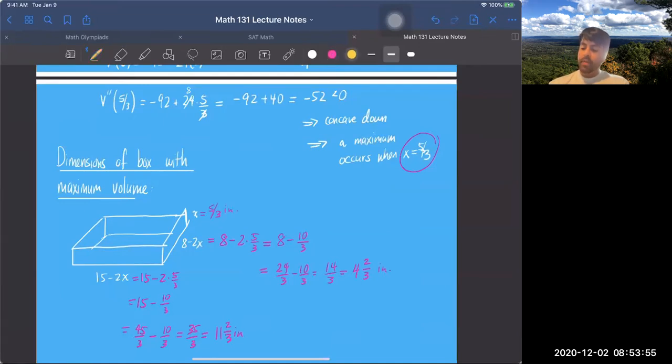So these would be my dimensions. So if I were to cut 5/3 of an inch, or 1 2/3 of an inch, on each corner, and I would put the flaps up, I would create a box with the maximum volume.